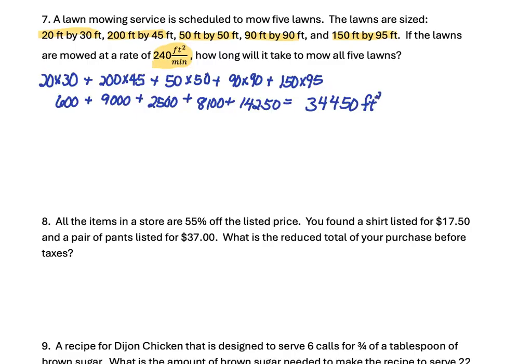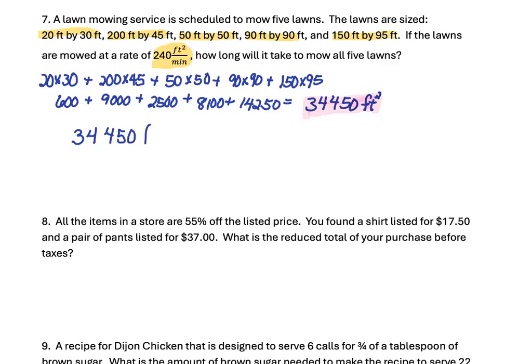Now, we've got to use that answer, this 34,450 feet squared. That's the total amount that's being mowed. And we're told that the lawns are mowed at a rate of 240 feet squared per minute. And we want to know how long. So we're going to say this is 34,450 feet squared.